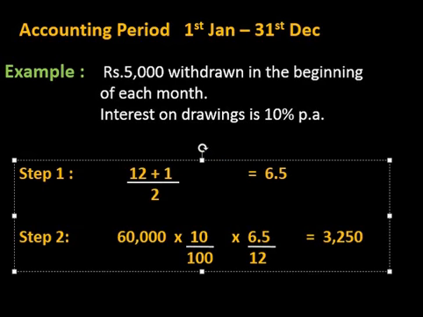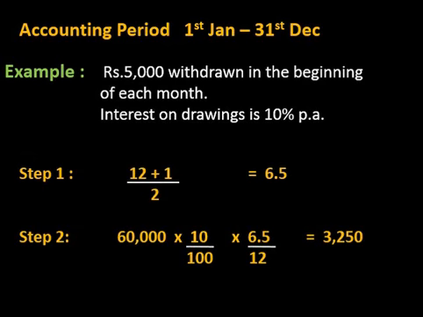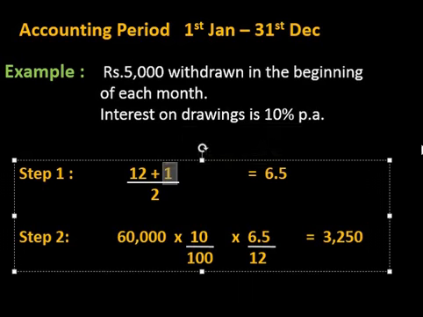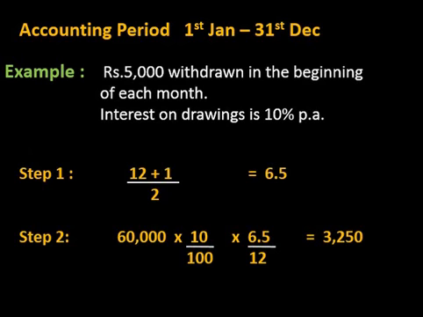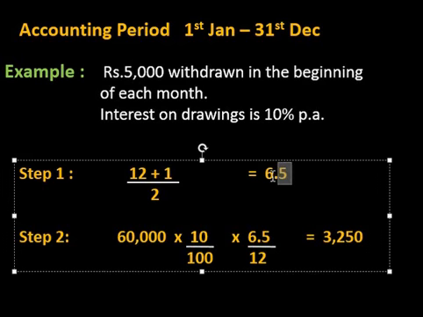Time after last drawing: if the first drawing is made on the 1st Jan, then the last drawing will be on 1st December, because it is the beginning of each month and the last month is December. So time after last drawing is 1 month, 1st December to 31st December. So 12 plus 1 over 2. Average period is now 6.5, as you can see here on screen.